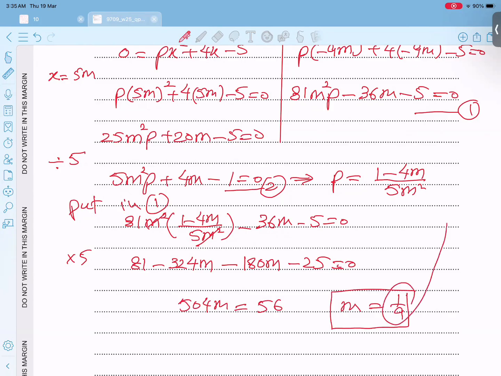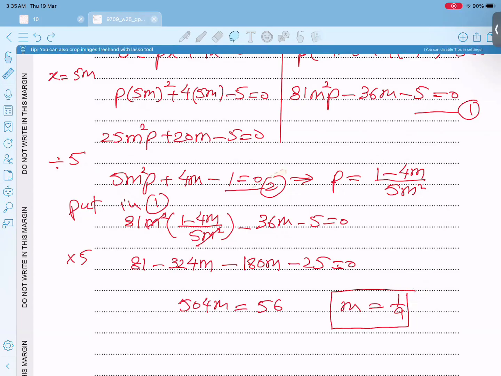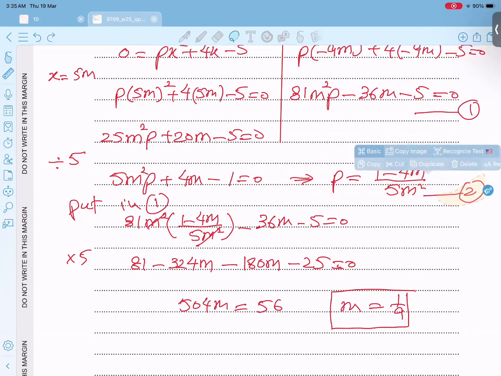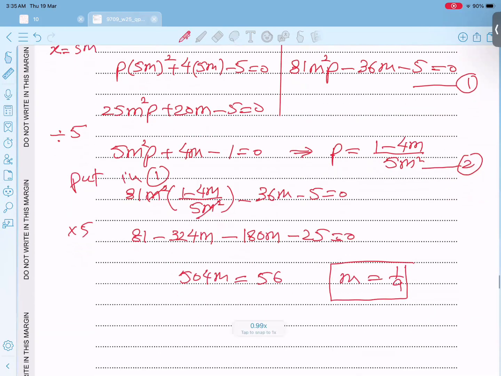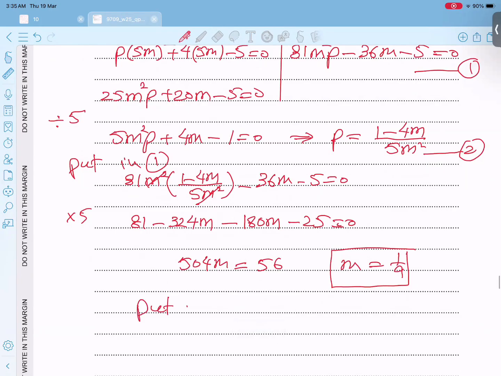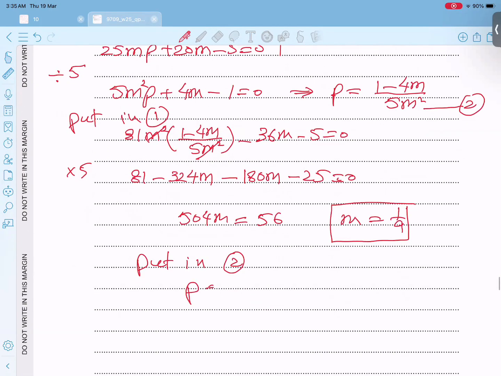And I'm going to plug it in here or here. Better to label this one. So I label it here and I'm saying here, put in 2. So when I put in 2, p is equal to 1 minus 4 times 1 over 9 over 5 times 1 over 9 to power 2.